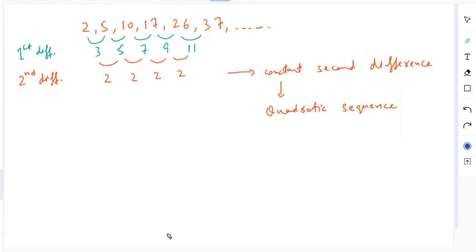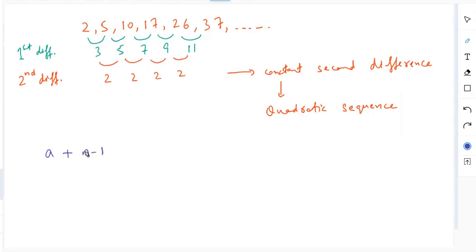Now, what exactly is this formula? Basically, we have A, the first term, plus n minus 1 into d, as before, as in the arithmetic sequence.